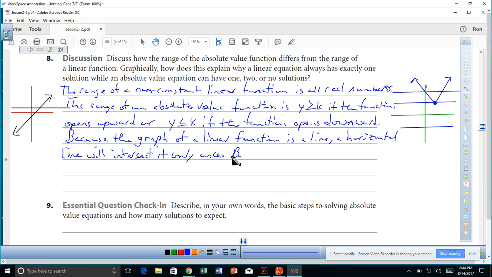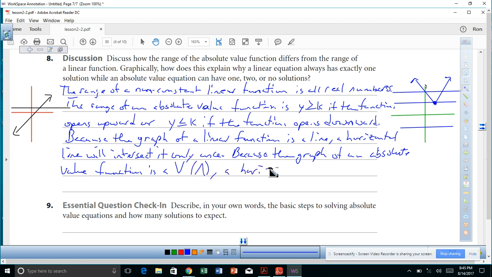Because the graph of an absolute value function is a V, or it could be an upside down V, a horizontal line can intersect it once, twice, or not at all.